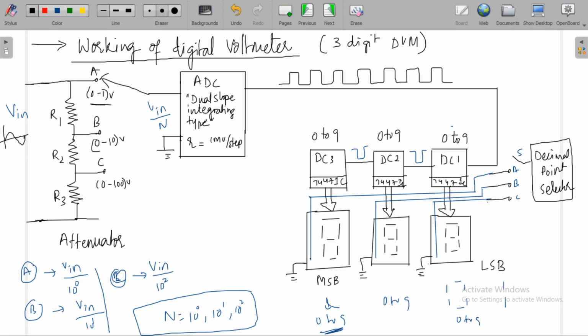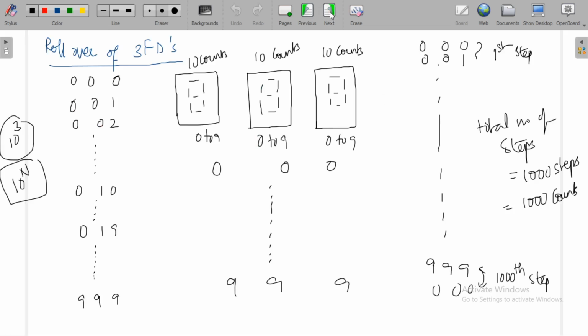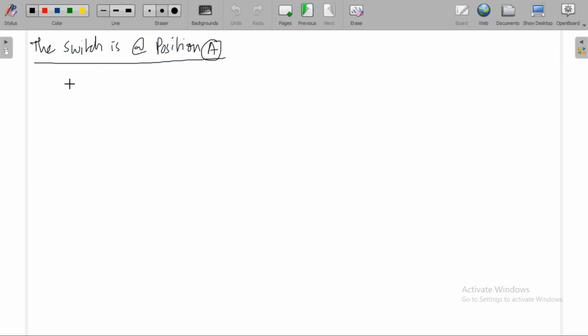This is the decimal point selector. You are going to have the point before this digit. First you are going to have point, then the first decimal number will be 0 0 0.